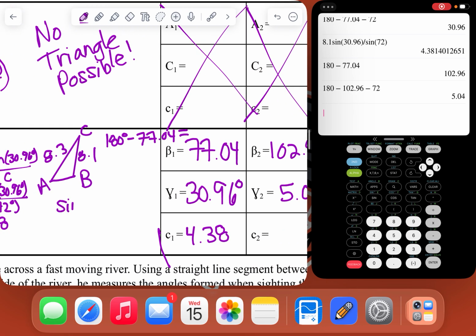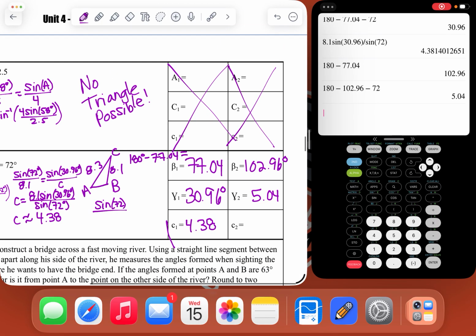And so now we'll have to do the sine of 72 divided by the 8.1 from the original problem equals the sine of C or gamma, whichever one you want to do. Oops, sorry, I forgot. That's what we know. We got to plug that in. 5.04.